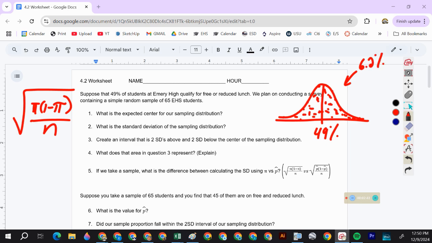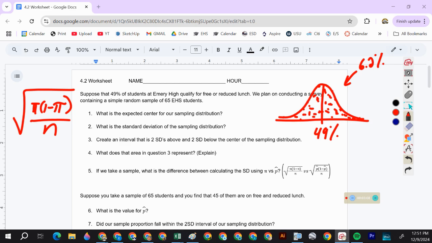Does that mean that 68% of the people in the sample are between plus 6.2 and minus 6.2? No. This is categorical data, right? When we ask this question, the only responses are going to be yes or no. So the standard deviation does not describe the population at all in this case.